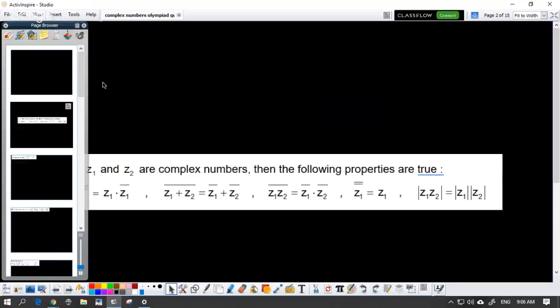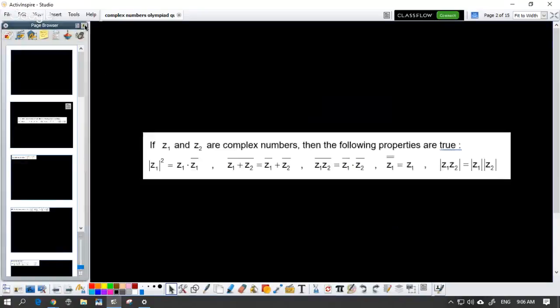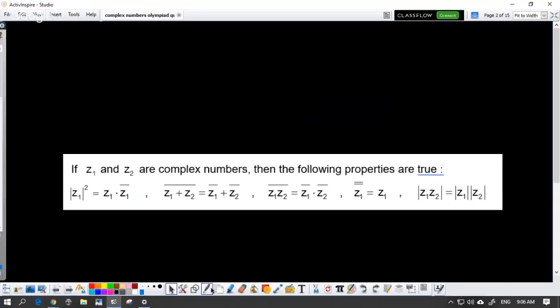Now I'm going to start with some reminding. Here it is firstly, about the complex numbers. Yes, now about the complex numbers, I want to remind you about the values.